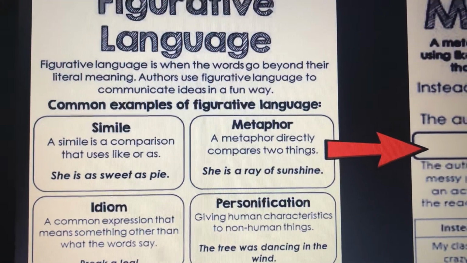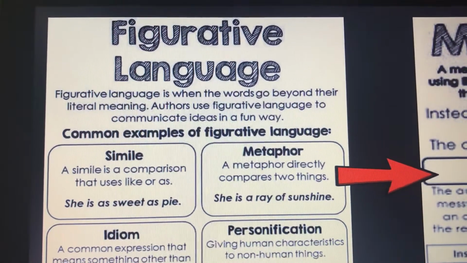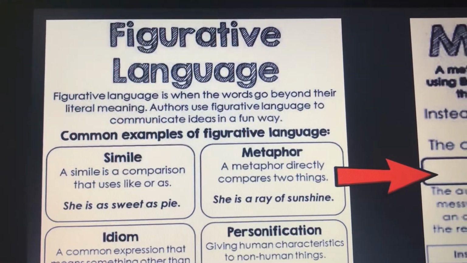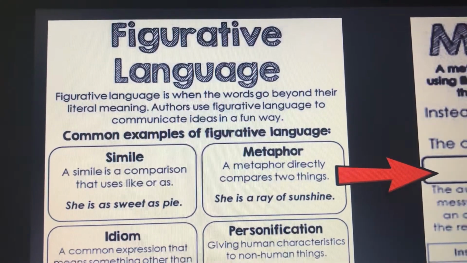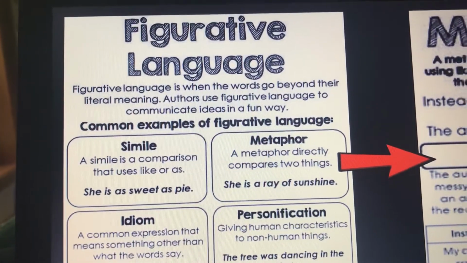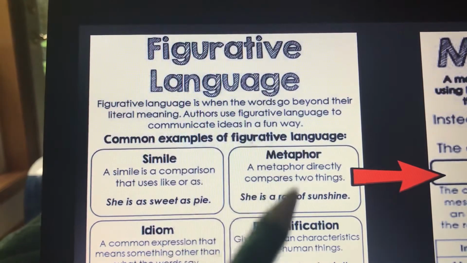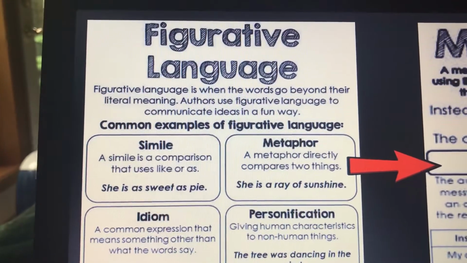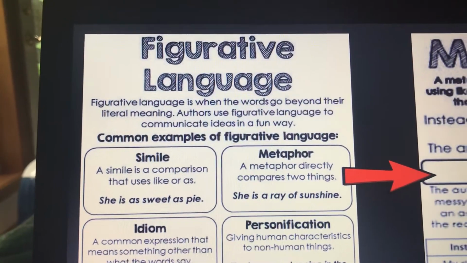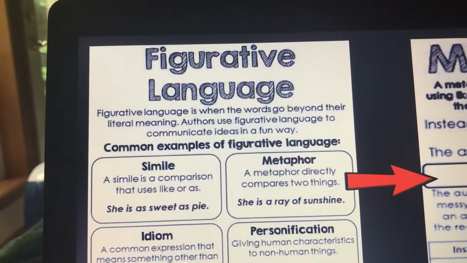I think we know they're both types of figurative language, right? Just plays on language, having fun with our language, expressing it in a different way, giving us a really amazing visual in our brain. Similes, we know we see like or as, and then metaphors, also a comparison just without like or as, and it's a direct comparison of two things, right? That real term and that imaginary term.